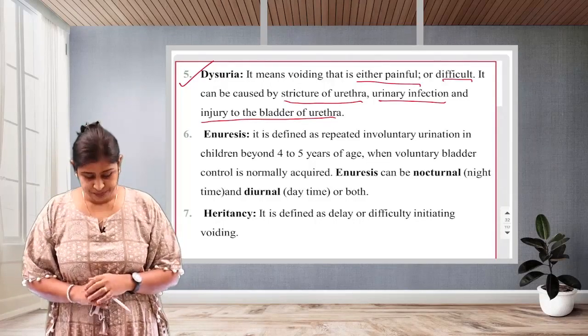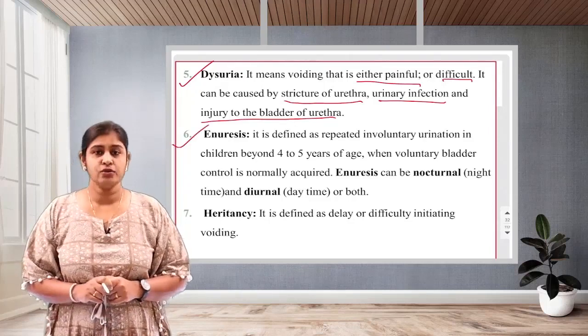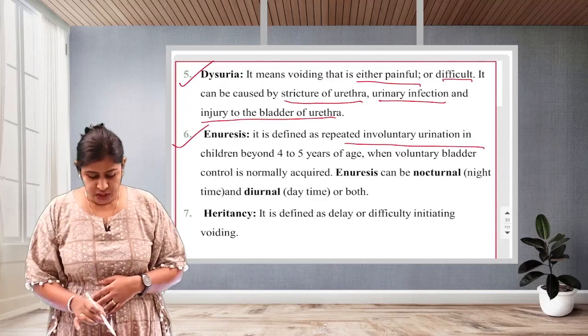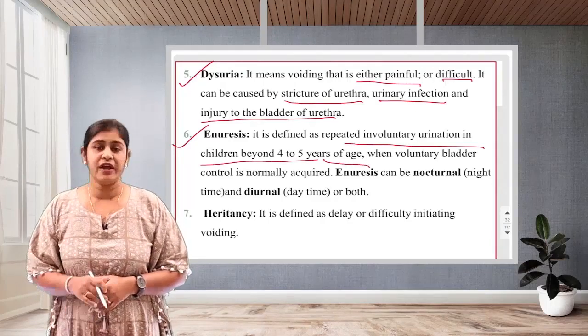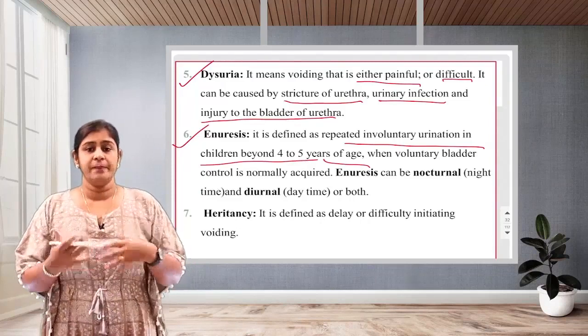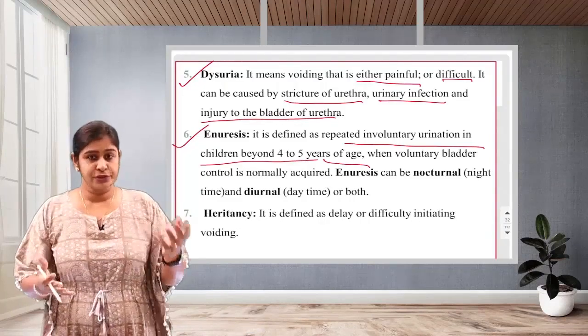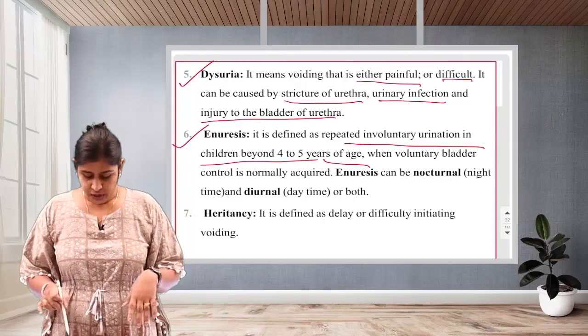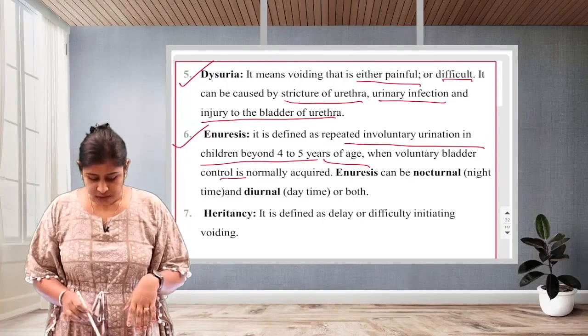Next is enuresis. Enuresis is defined as repeated involuntary urination in children beyond 4 to 5 years of age, when voluntary bladder control is normally acquired.